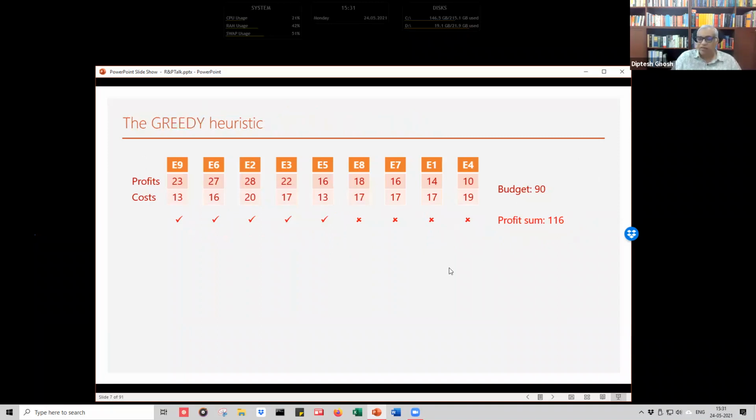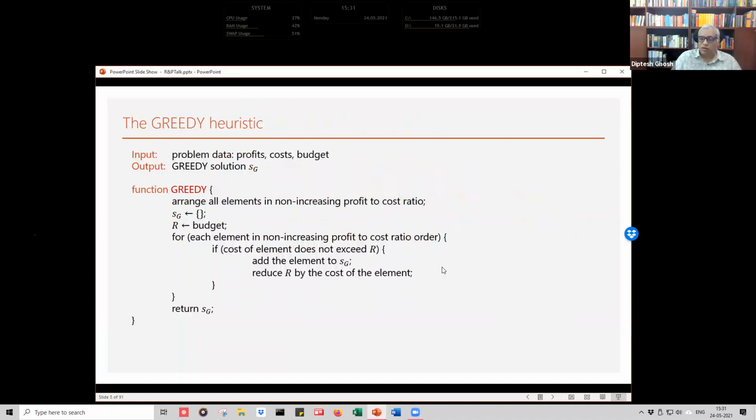Is there any way in which we can figure out how good it is? Before we figure out anything else, this is the pseudocode for the heuristic. I arrange all elements in non-increasing profit to cost ratio. Then I start off with my greedy solution as empty. For each element in that order, I find out if its cost does not exceed my residual budget.